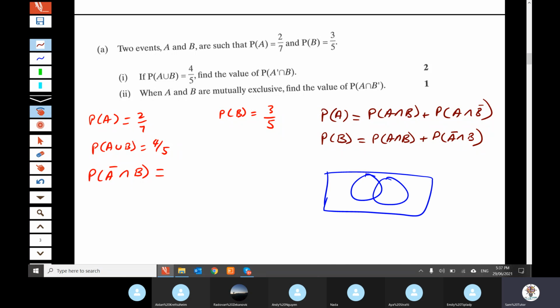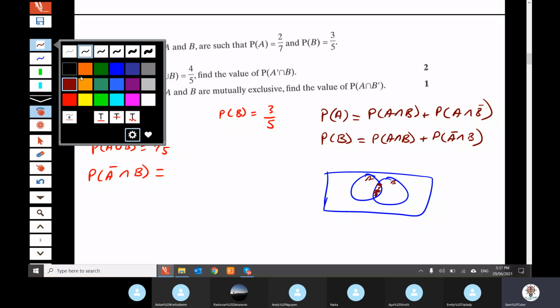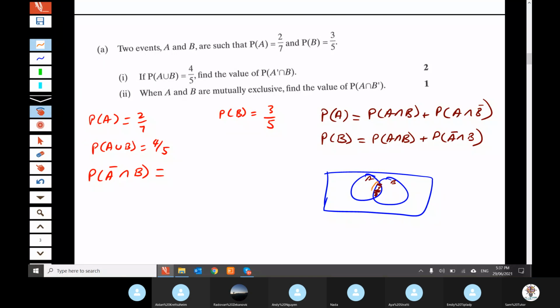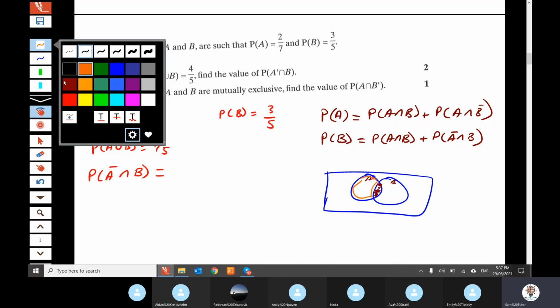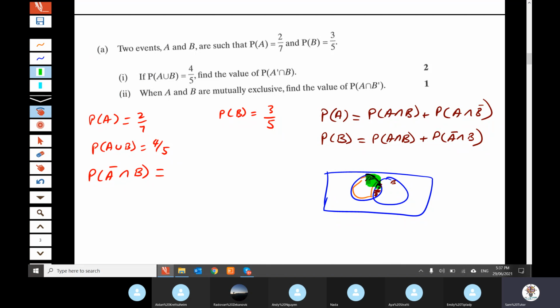Probability of A and B, which is this bit. Let's call this A, let's call this B. And A but not B, which is all of that. You can see that now gives me all of A. So it does make sense.